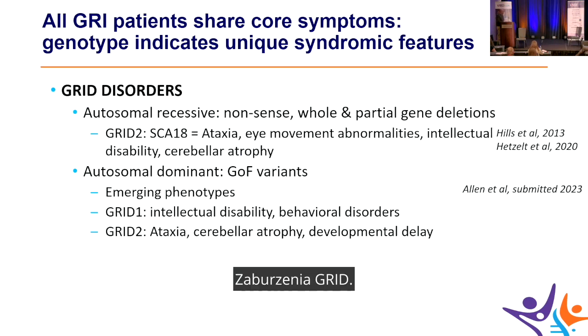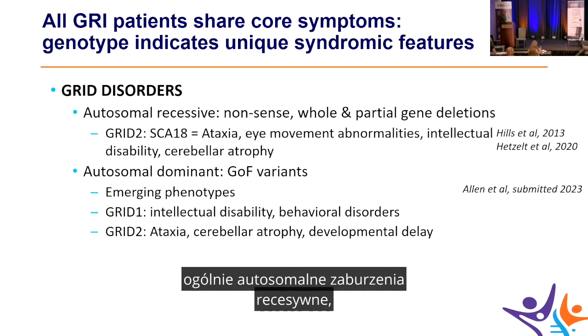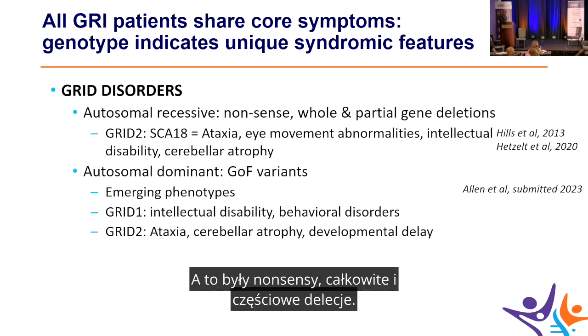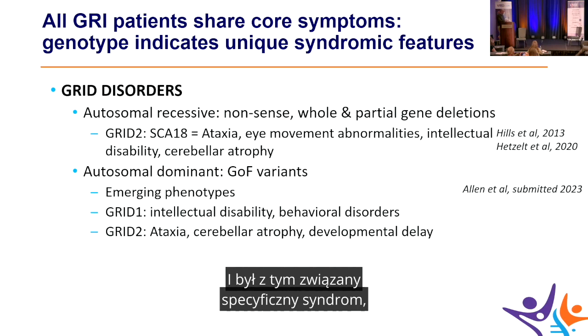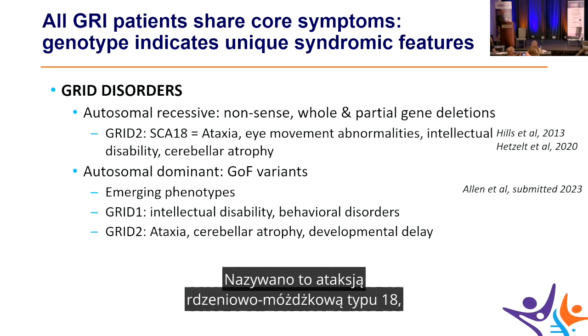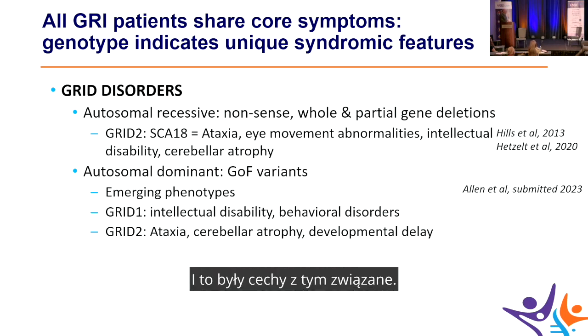GRID disorders, for a long time, were thought to be generally autosomal recessive disorders. That is, you have both alleles affected, and these were nonsense, whole and partial gene deletions. And there was a specific syndrome associated with that, called spinocerebellar ataxia type 18, and these were the features associated with it.